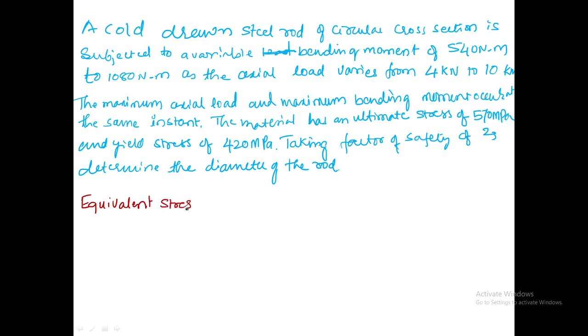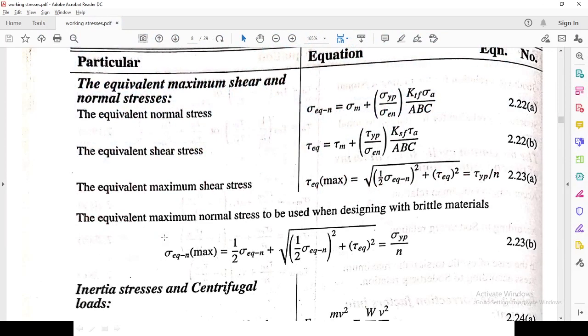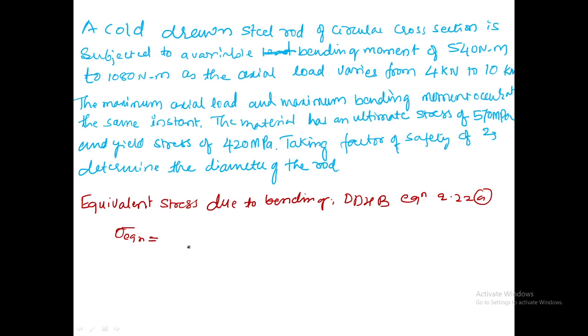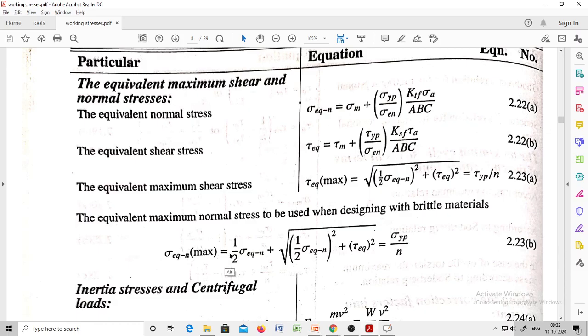You refer to the design data handbook, note down equation number 2.22a. So sigma en equal to sigma m plus sigma y by sigma en, right.